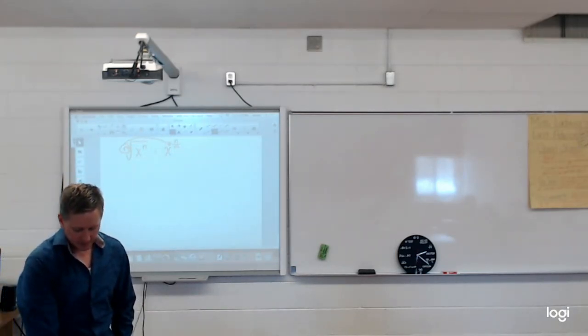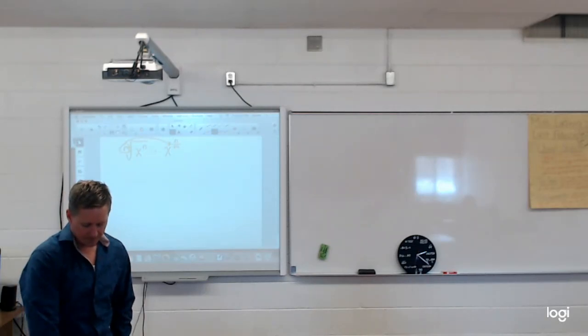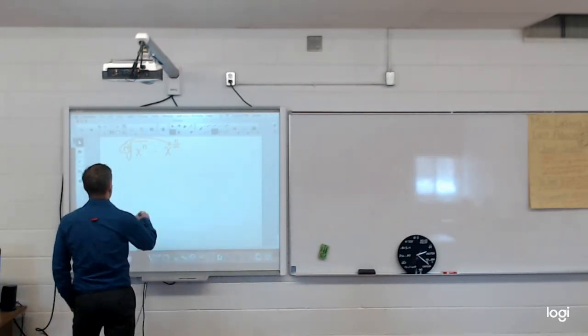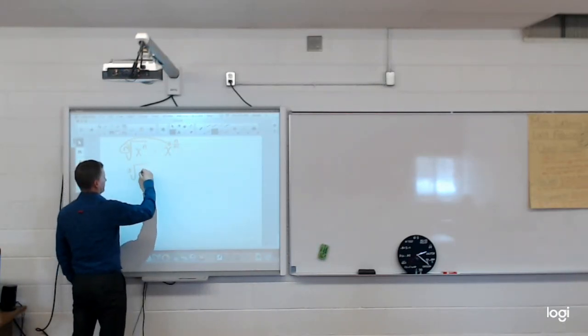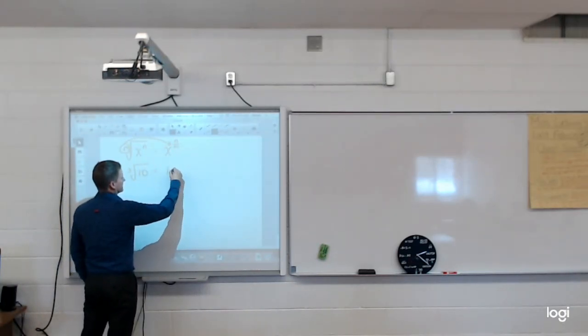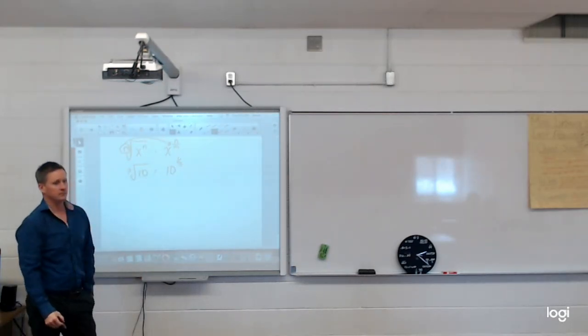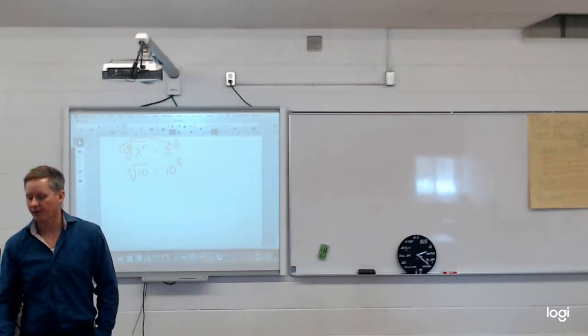Okay? So, to give a couple of examples, the cube root of 10 can be written as 10 to the power of 1 over 3. We just write it as a fraction.